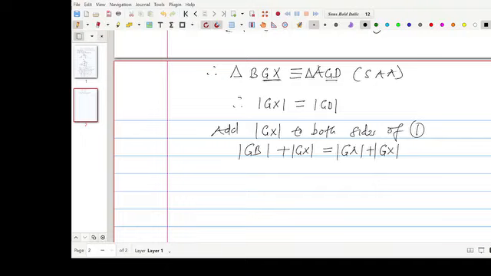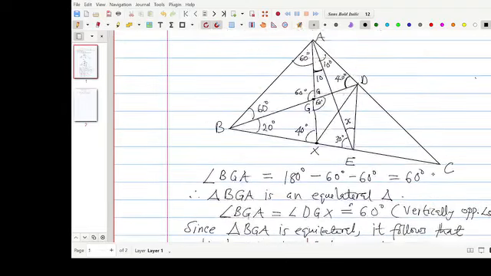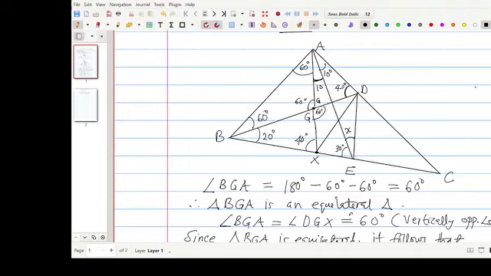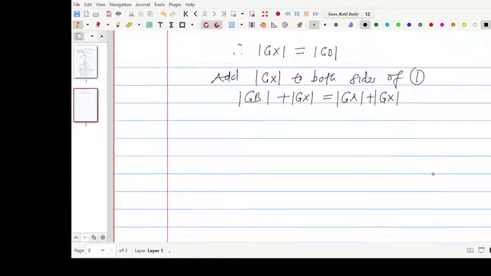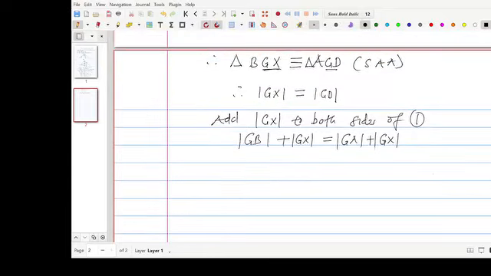All right, so let's locate GB plus GX in the diagram. We have GB over here, then we have GX over here. Now to make things good, since GX is equal to GD, that is this line you are seeing here, we can write this left-hand expression as GB plus, instead of GX, I can put GD there because they are equal, right? Equal to, then this one will remain invariant, GX. Hope you can see what I'm doing.